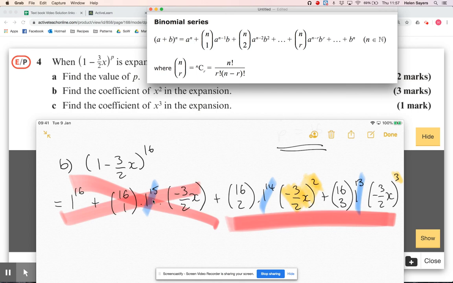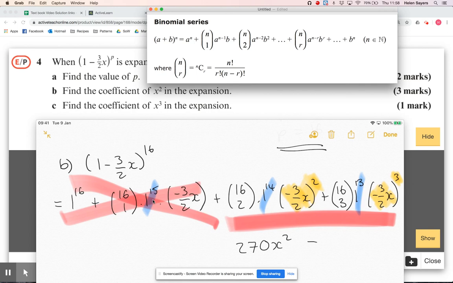So it's going to be 16 choose 2, and then times 3 over 2 squared, so times 9 over 4. Okay, so I will check this, but I'm getting that as 270x squared. And then this next term is going to be negative, because I've got a negative to the power of 3. So that will come out as a negative.